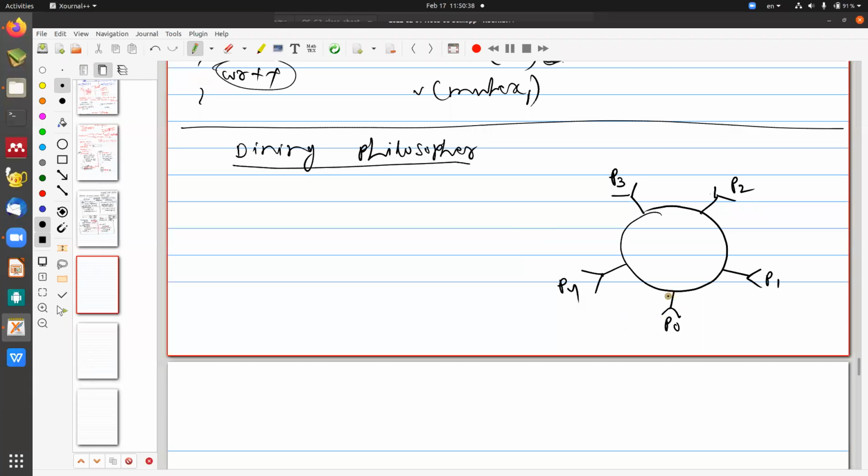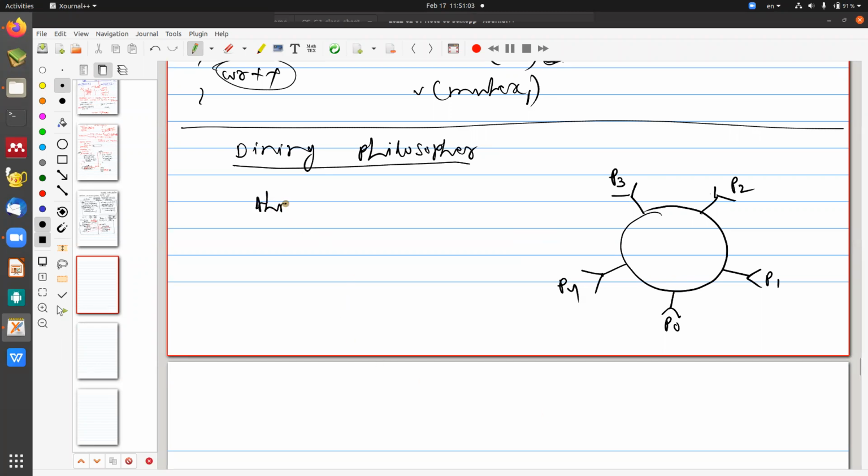And what is the work? The work of each philosopher is very simple: he has to think, eat, and think. So thinking, eating, and again thinking, and this process repeats. They are not sleeping, just thinking. Before eating, you can think that he is hungry, then eating, then again thinking.